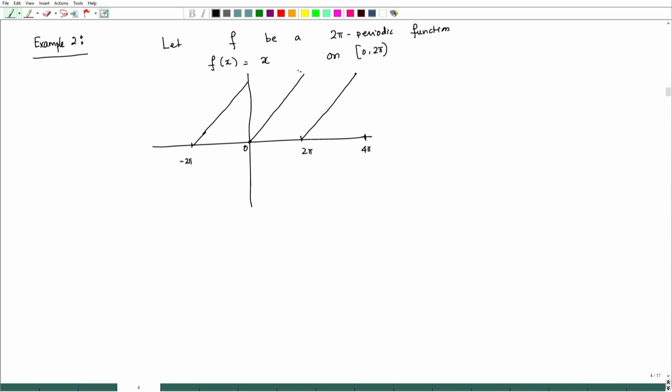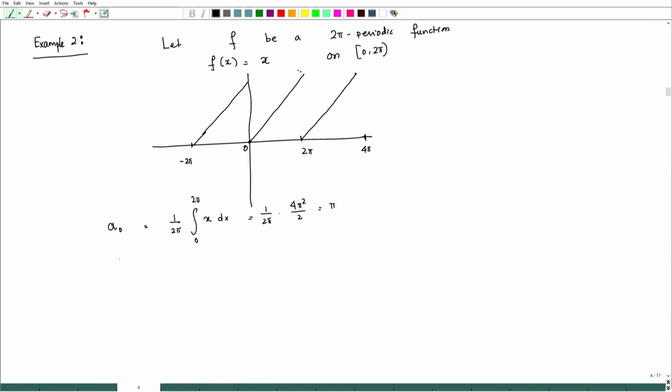Now, if I calculate a_0, then this is equal to 1 by 2 pi, integral from 0 to 2 pi of x dx. This is trivially equal to 1 by 2 pi into 4 pi squared by 2, which is equal to pi.